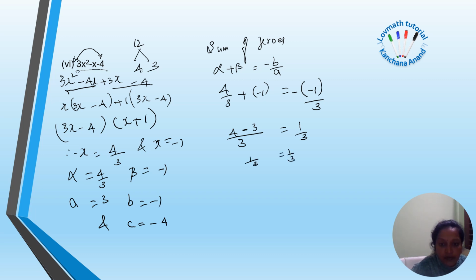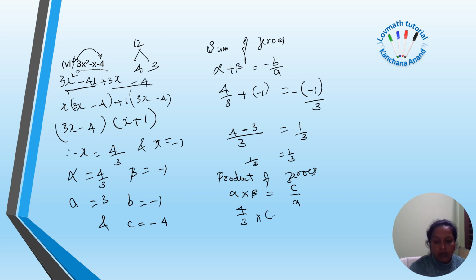Now let us find the product of zeros. Alpha into beta is equal to c divided by a. That is 4 by 3 into minus 1 is equal to c divided by a, that is minus 4 divided by 3.